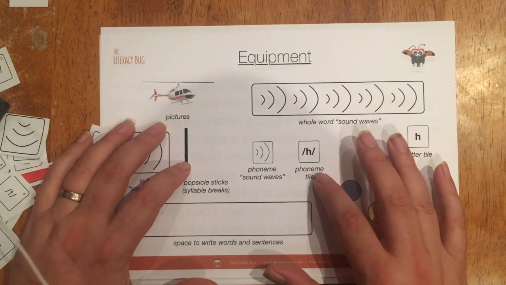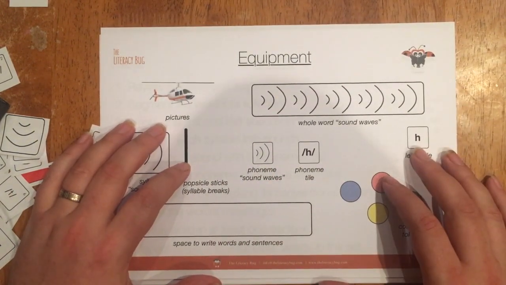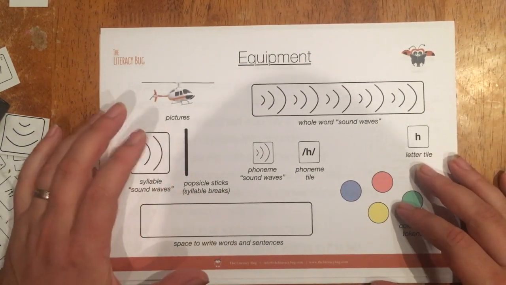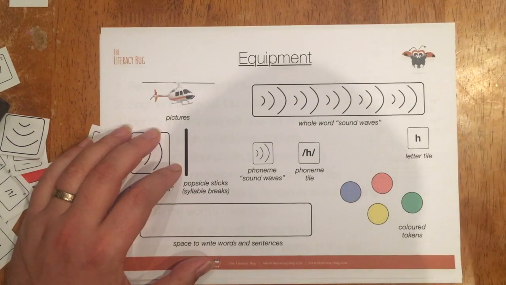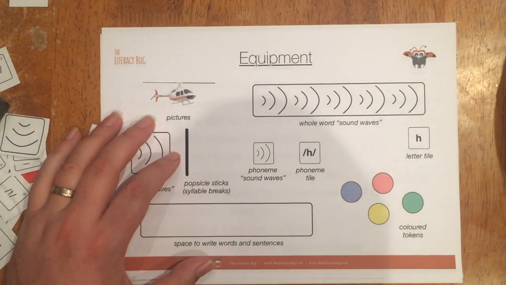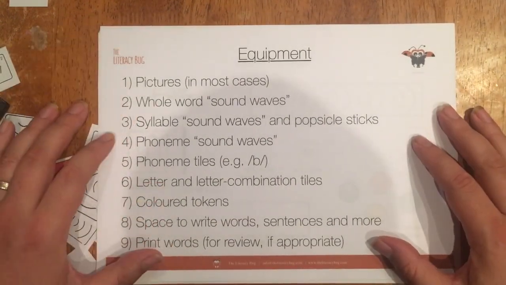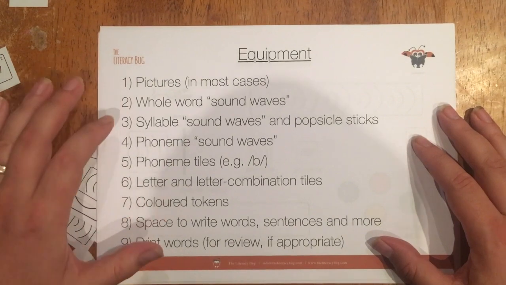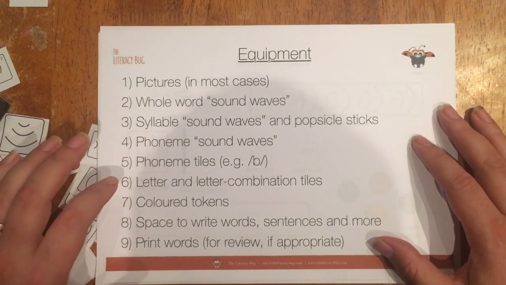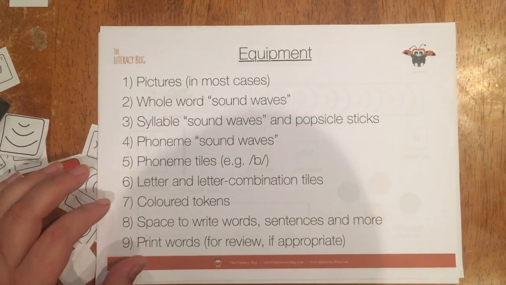I'll show you in a second, all of these resources are available for download in the description of the YouTube video, but also on the literacy bug, as well as letter tiles, space to write, colored tokens, etc. That's just a list of what I mentioned before: pictures, the whole word sound waves, the syllable sound waves, the phoneme sound waves, the letter tiles, those tokens, space to write words, and print words.